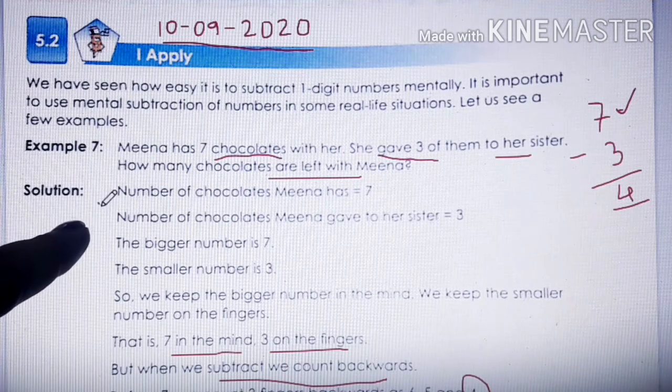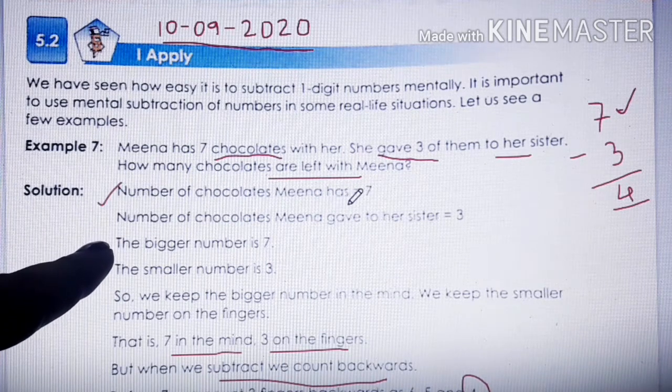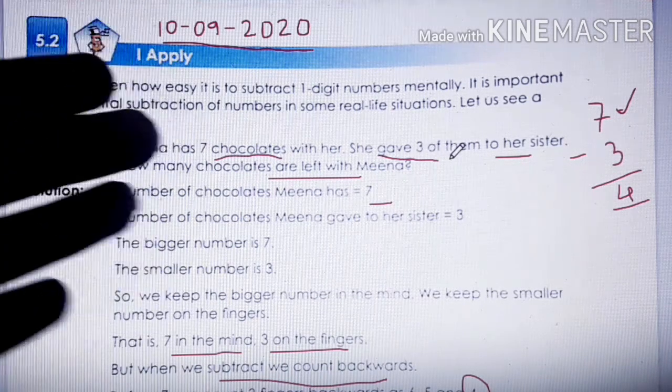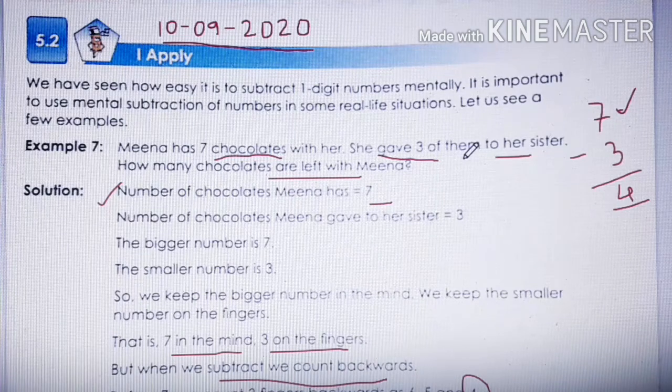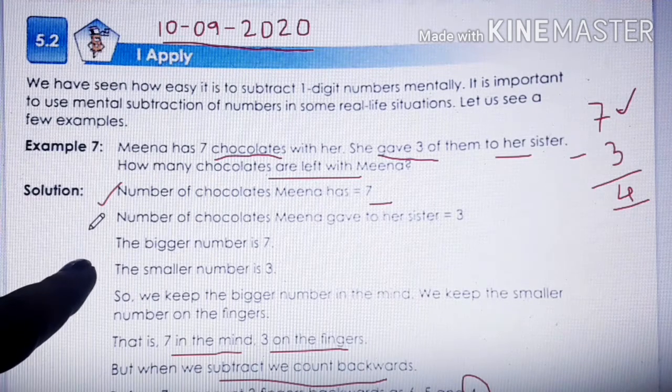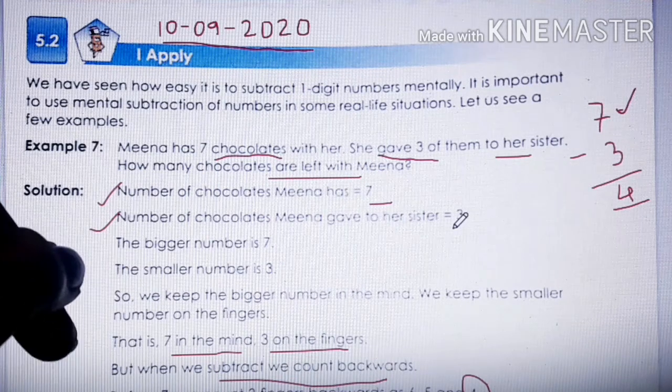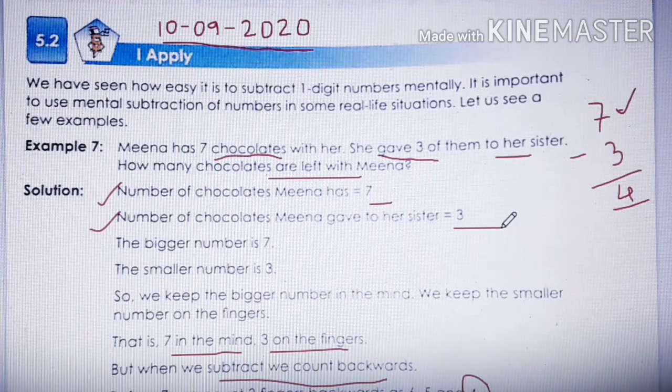What you are going to write, children? You are going to write this statement first. Number of chocolates Meena has. How many chocolates? 7 chocolates. Second, she gave away 3 to her sister. So next line you will write number of chocolates Meena gave to her sister. She gave 3 chocolates.